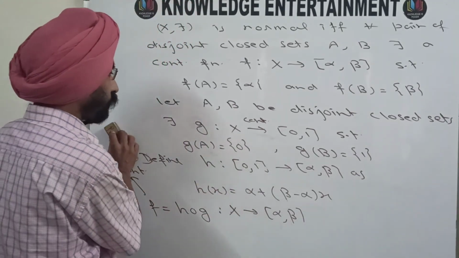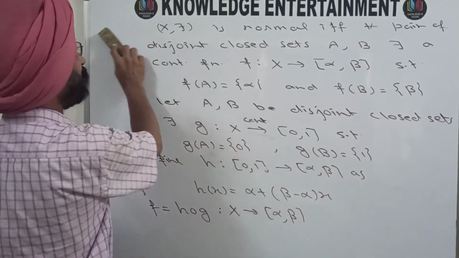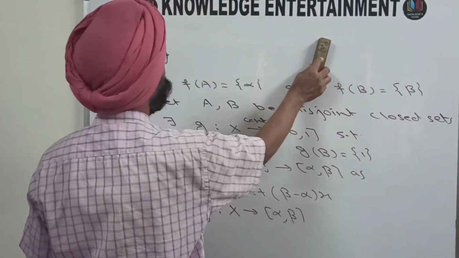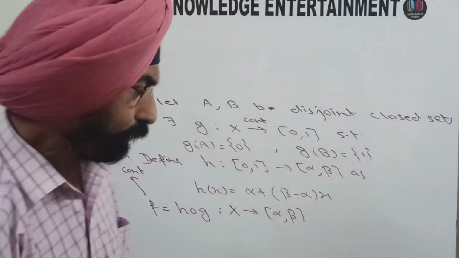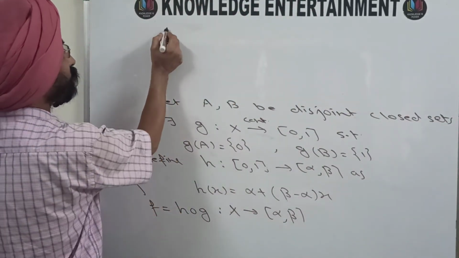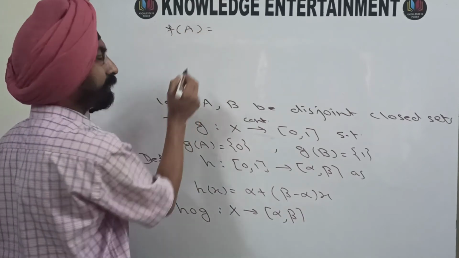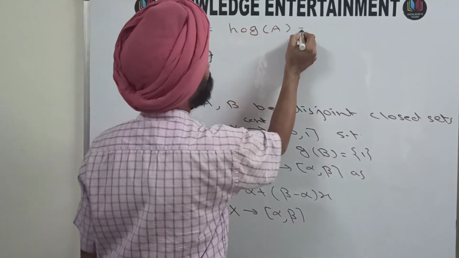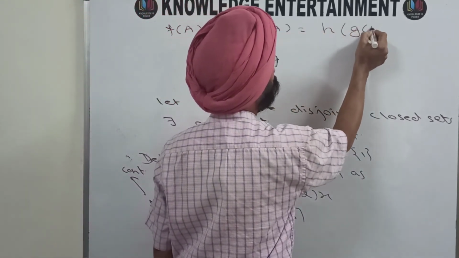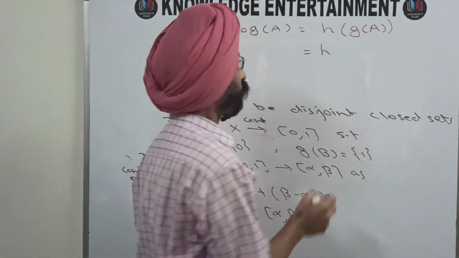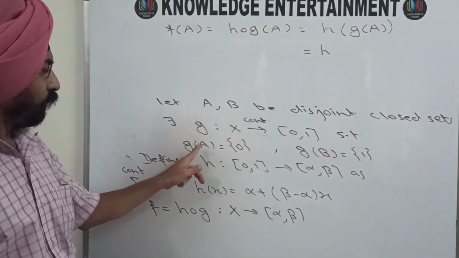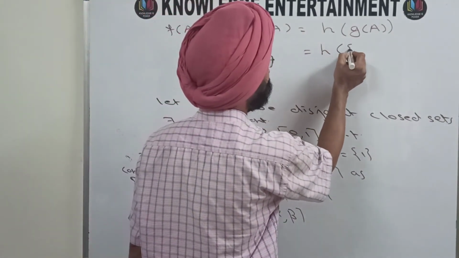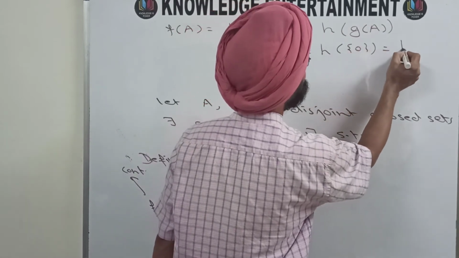Why? Let me rub the top portion because it is just the statement, and now I'll prove the remaining part. f of A means h of g of A. But what is g of A? g of every point of A is 0, so it is the singleton set {0}, or you can say h of {0}.